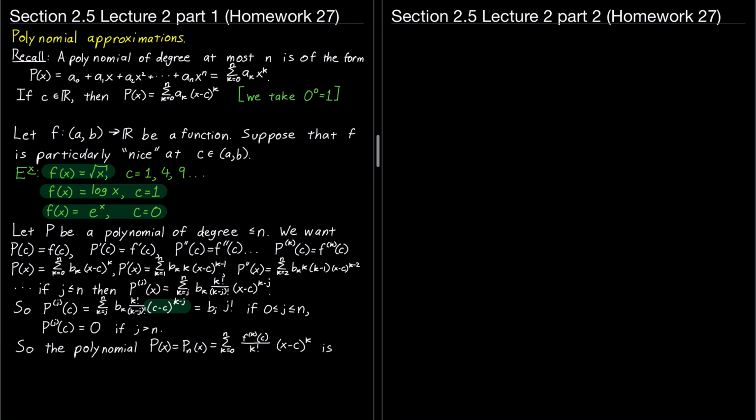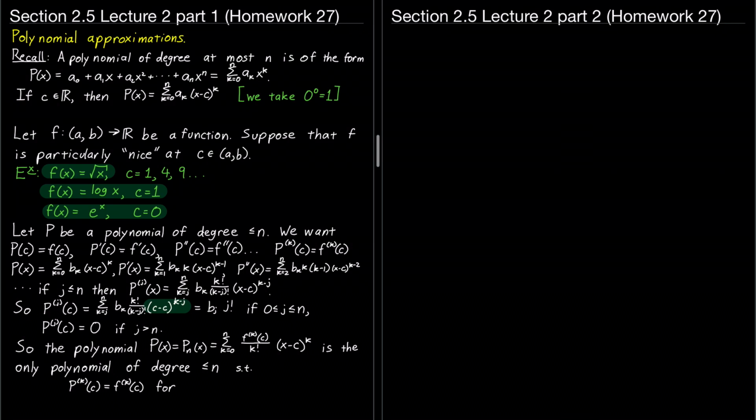This is the only polynomial of degree at most n such that the kth derivative of our polynomial matches up with the kth derivative of f at our point c.